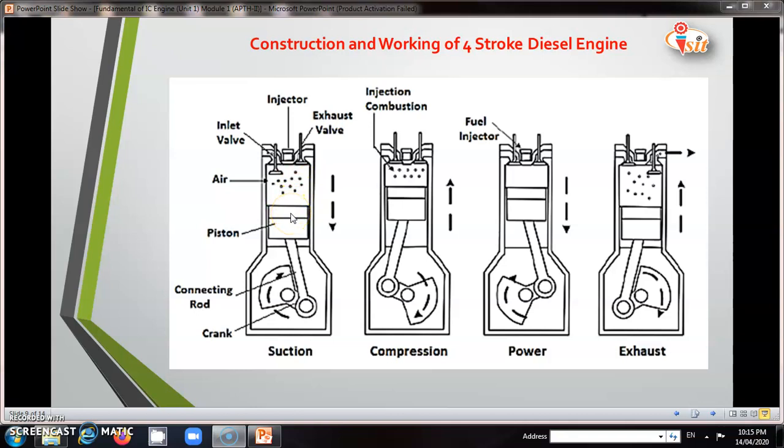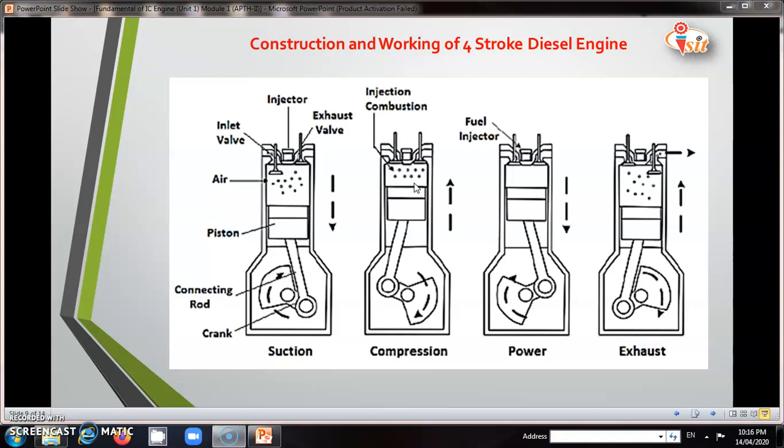When the piston reaches BDC, the suction stroke is complete. In the compression stroke, the piston starts moving from BDC to TDC, and the air stored on the top side of the piston gets compressed at high pressure. As discussed earlier, the compression ratio of the diesel engine is higher than that of the petrol engine.